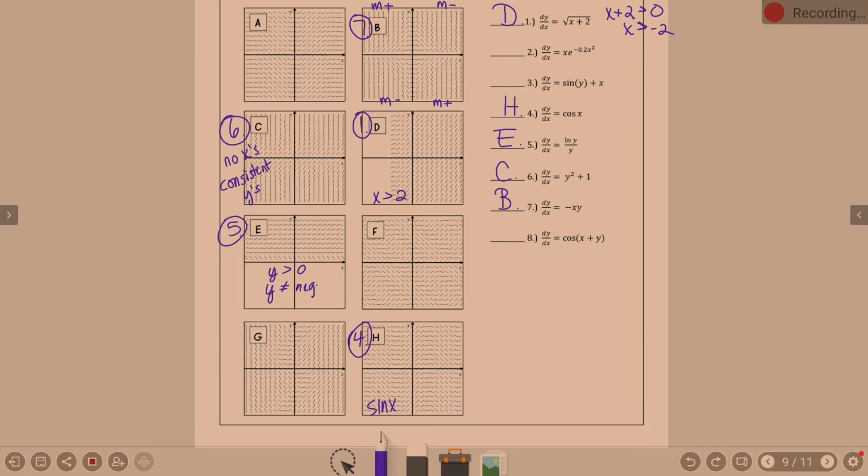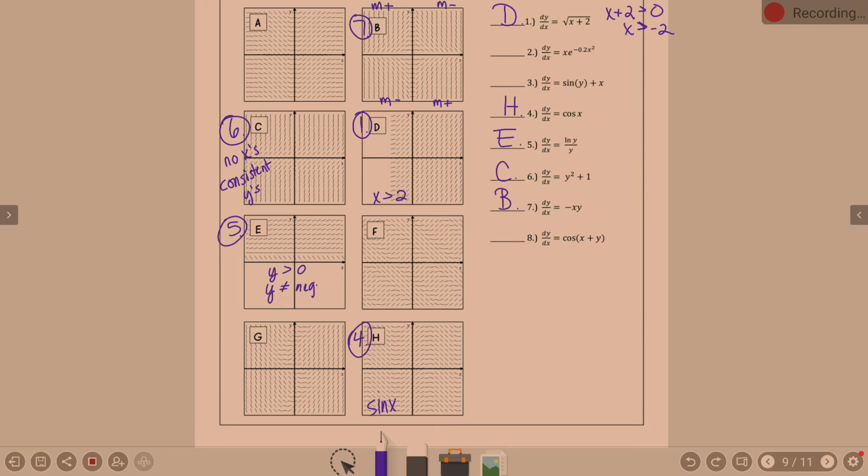Obviously, you see cosine. Now, when it's cosine of x plus y, is that going to look exactly like a regular cosine curve? No. I honestly don't know what it looks like off the top of my head, which means I don't necessarily expect you guys to. What do we have left? We have 3 left here. I could rule out A automatically. So that means I'm down to 8, because it has x and y in it. I'm down to F and G. And then at that point, I think I started plugging in some values and found something happened.